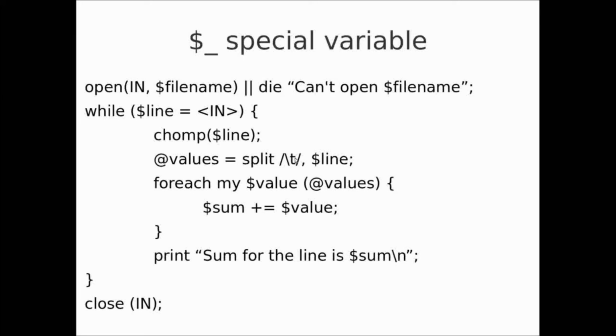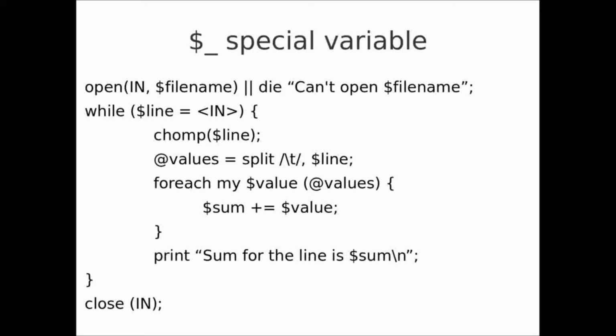That returns that line into an array called @values. Now, for every value in the array, we sum those values together. And then finally, we print the sum of that line. And then lastly, we close the file.